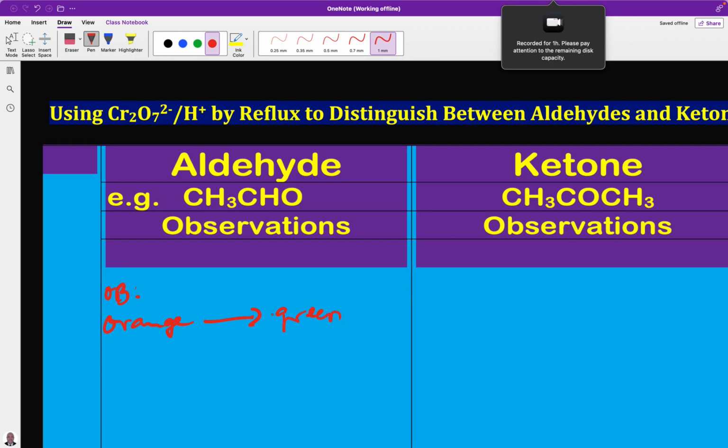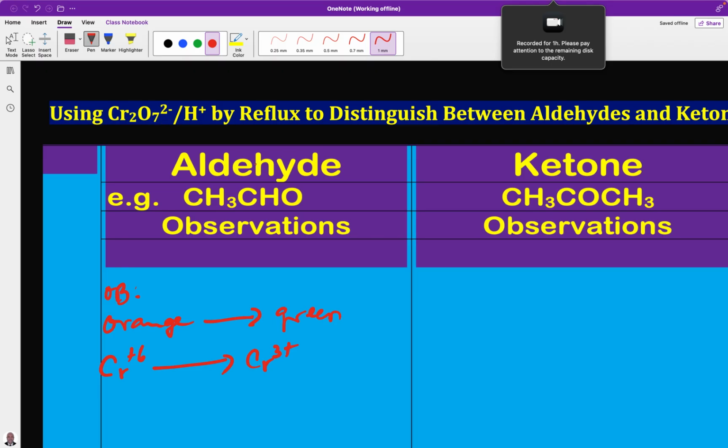Will be from orange to green, indicating that what? The orange dichromate is reduced from +6 to what? To +3. So this is an oxidation reaction. Acidified potassium dichromate(VI) is a good oxidizing agent.